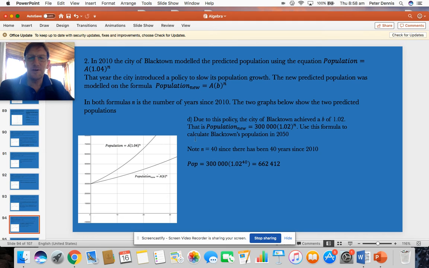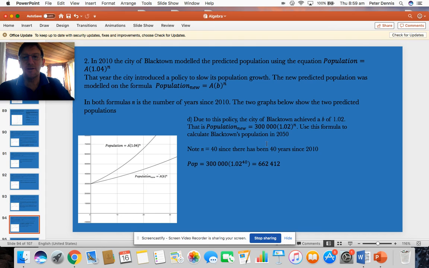And the last question. Due to this policy, the city of Blacktown achieved a B, that's the little b there, of 1.02. That is, the new population is 300,000 times 1.02 to the power of n. Use this formula to calculate Blacktown's population in 2050.